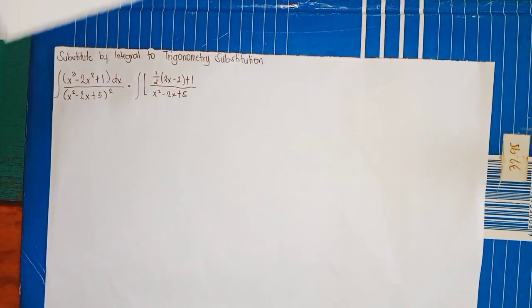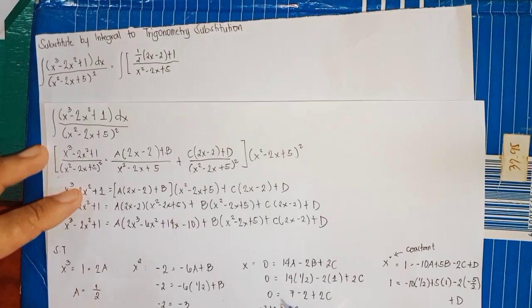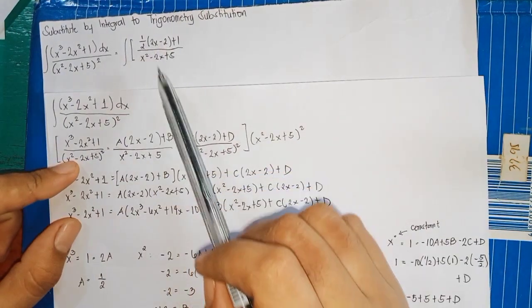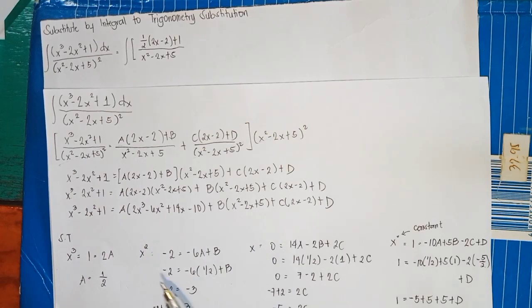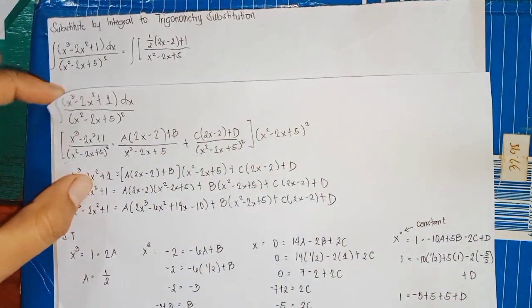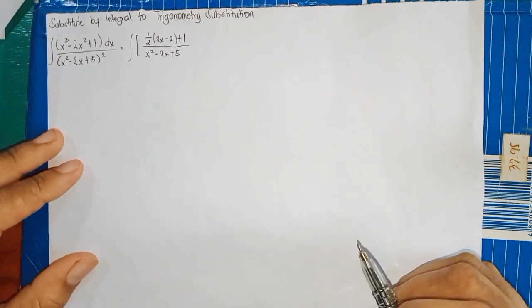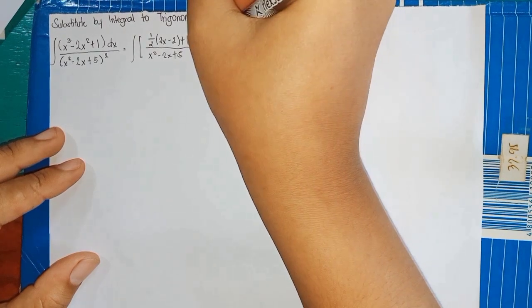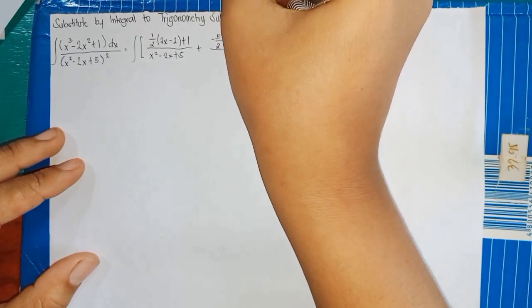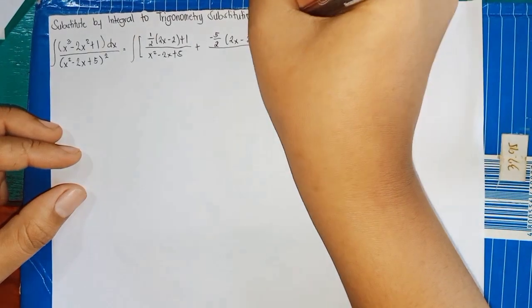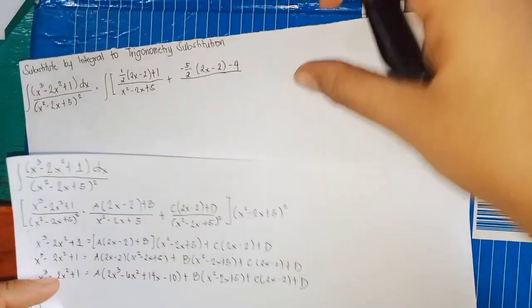So 1 half here is the value of A, and then the 2x minus 2 will be the derivative of the denominator, plus 1, and then plus negative 5 all over 2, then derivative of 2x minus 2, minus 4. 1 here will be our B. Let me explain first.